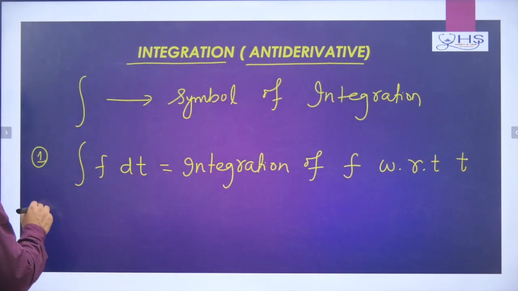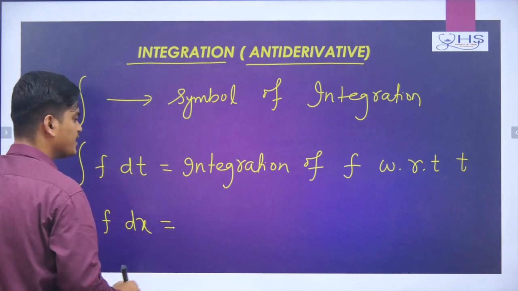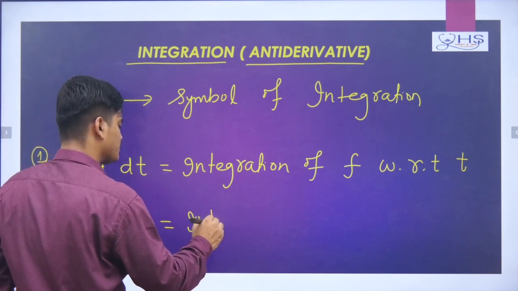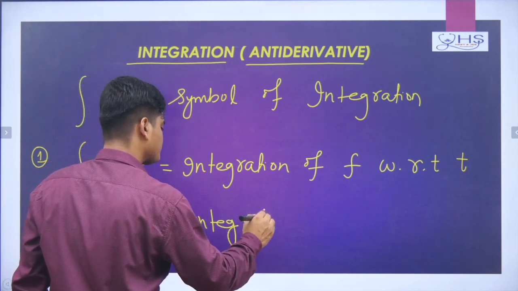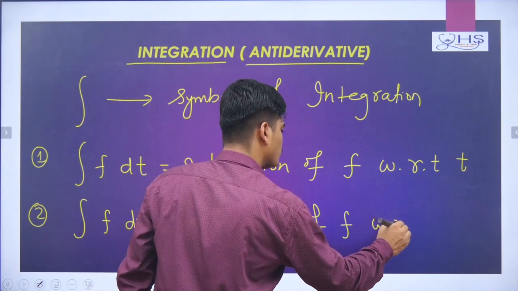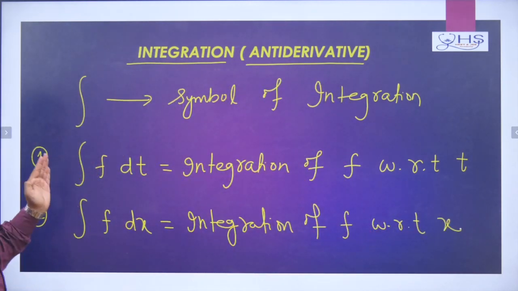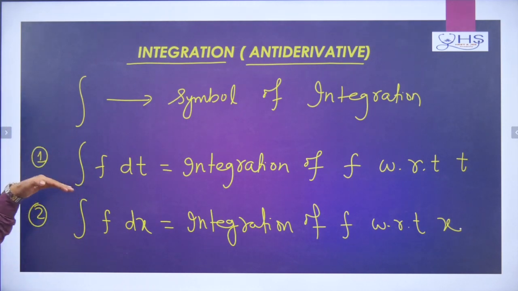Similarly, if I write f dx, this is the same thing, integration of f with respect to x. So this is the integration symbol, and this is how you call f dt or f dx.